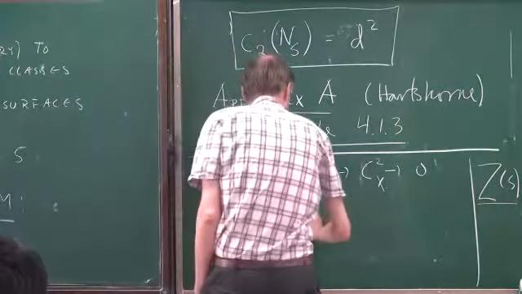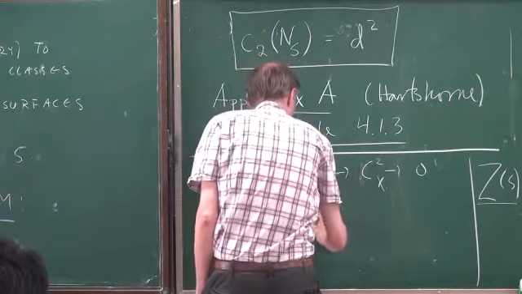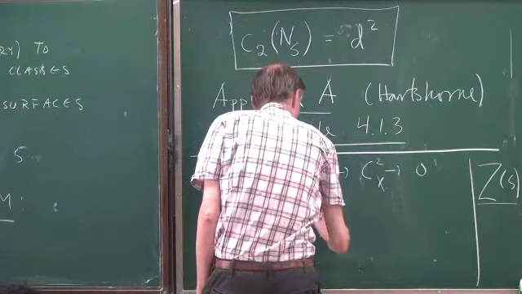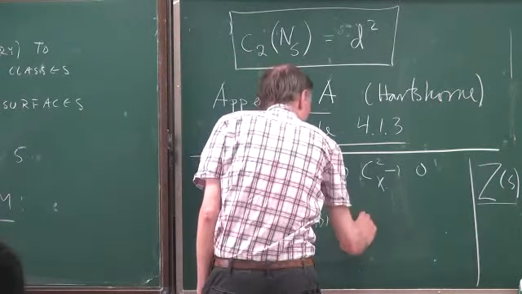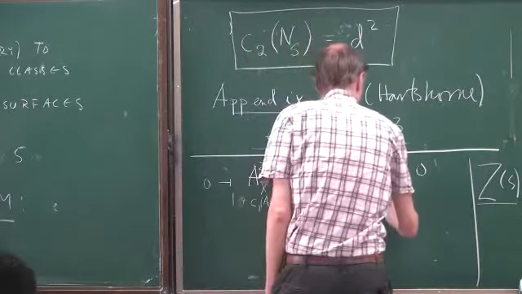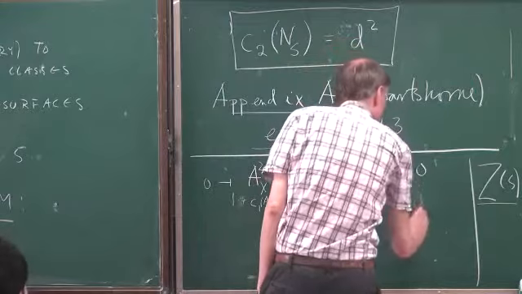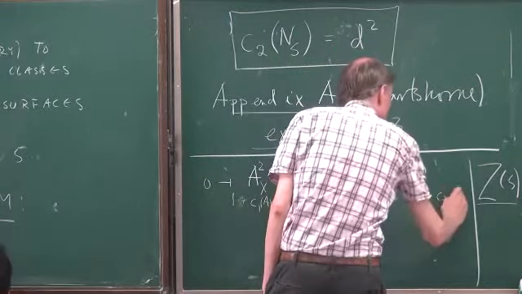And similarly B has Chern classes C1 of B up to C4 of B. And C has 1 plus C1 of C and C2 of C.